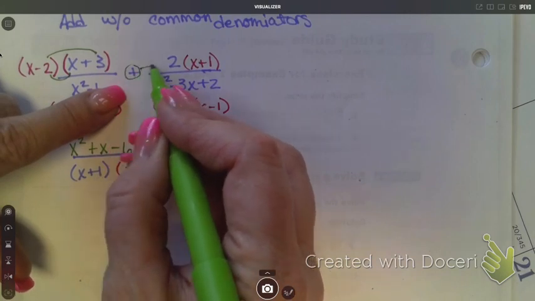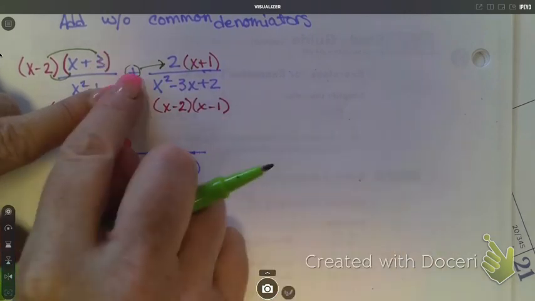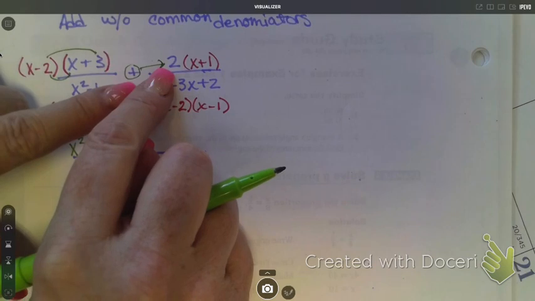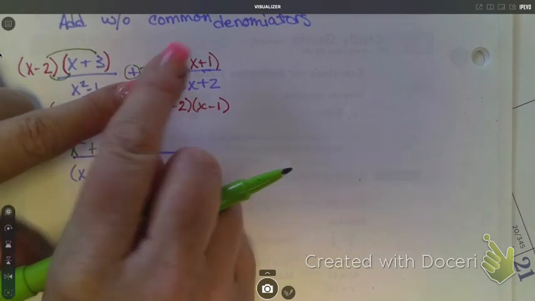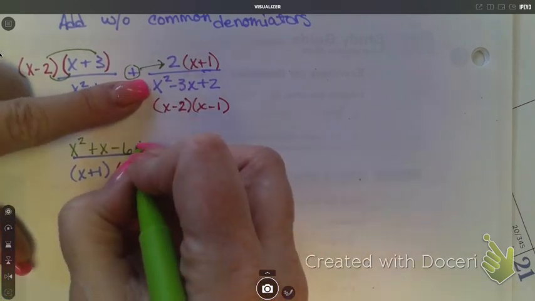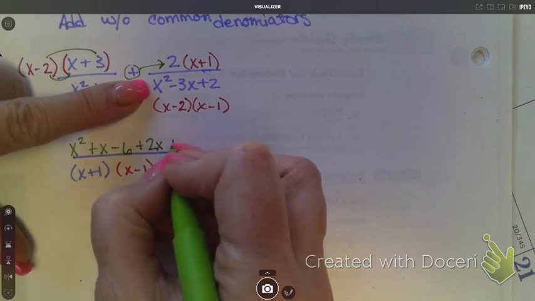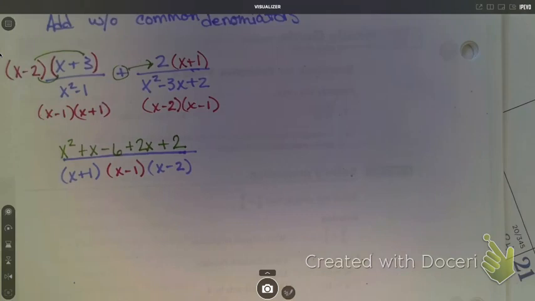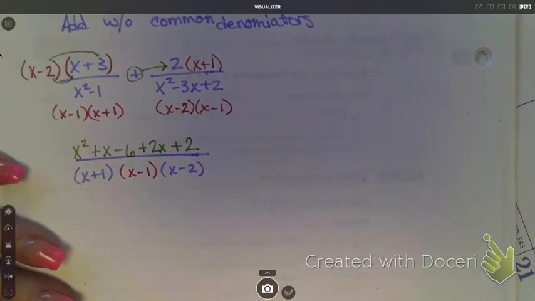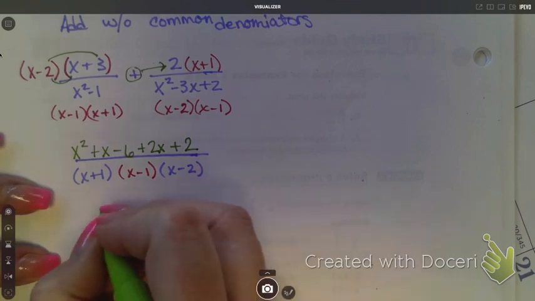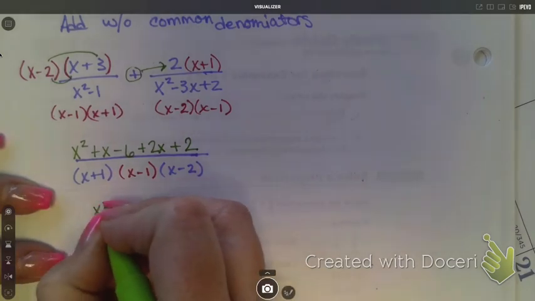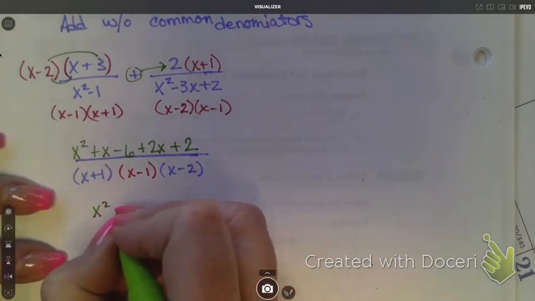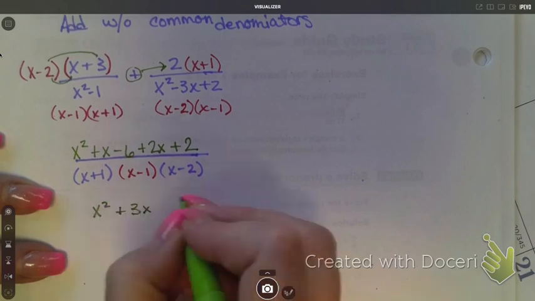This plus goes with that 2. If that was a minus, it would be negative 2. So then I get plus 2x plus 2. Now what? Combine like terms, right? So I get x squared plus 3x minus 4.